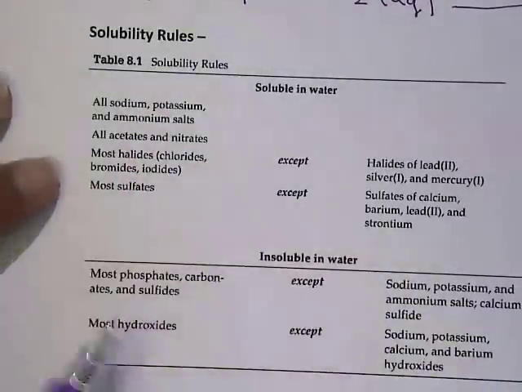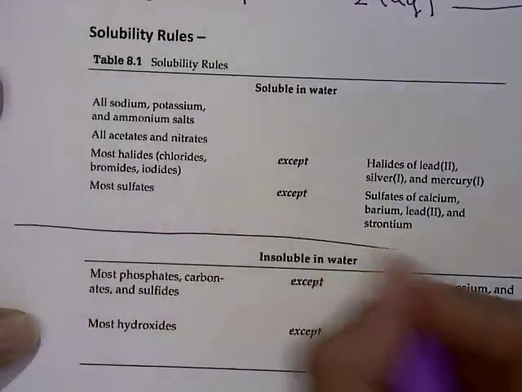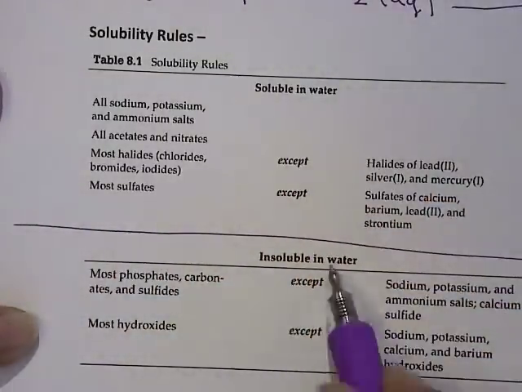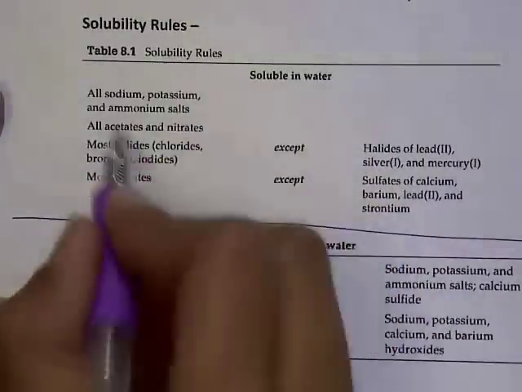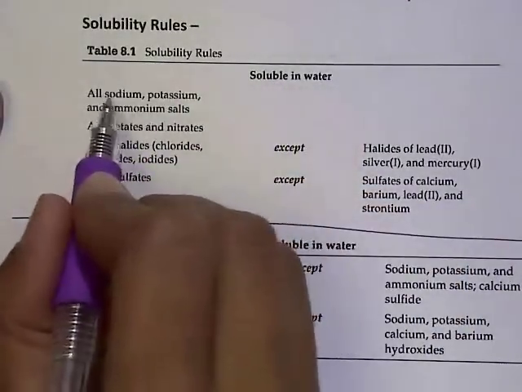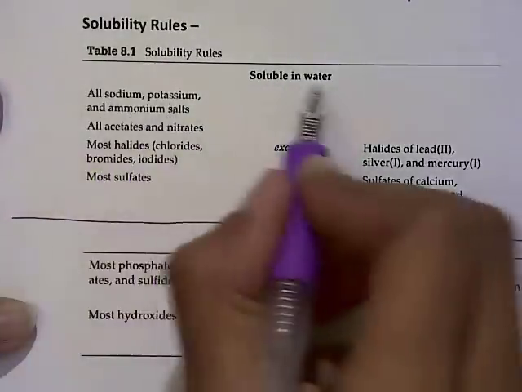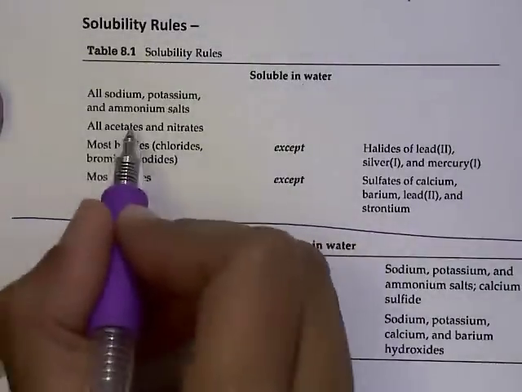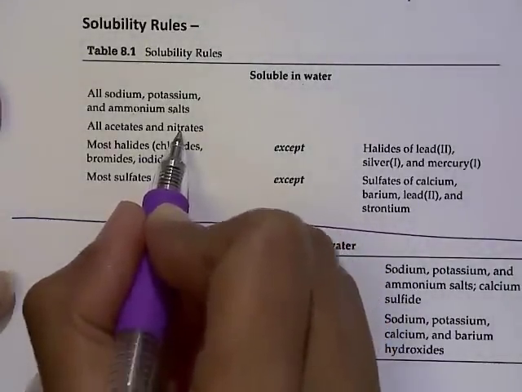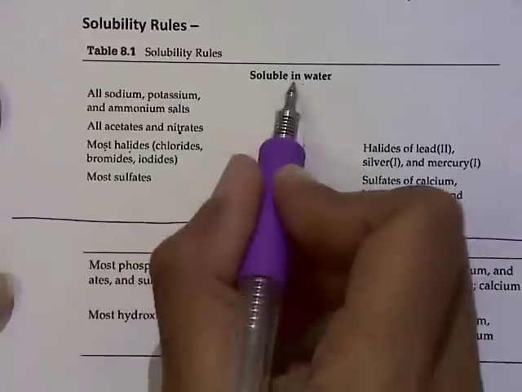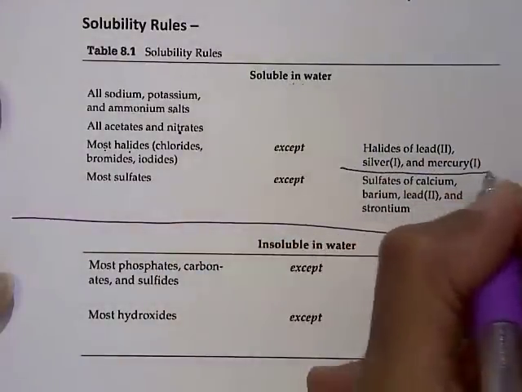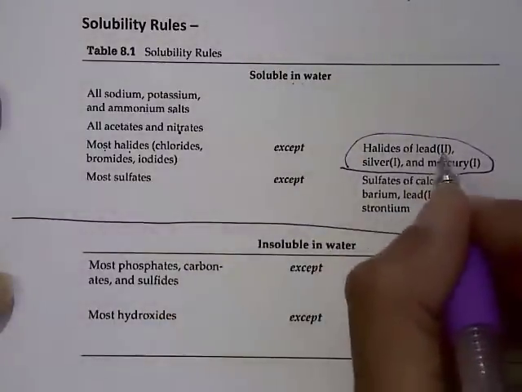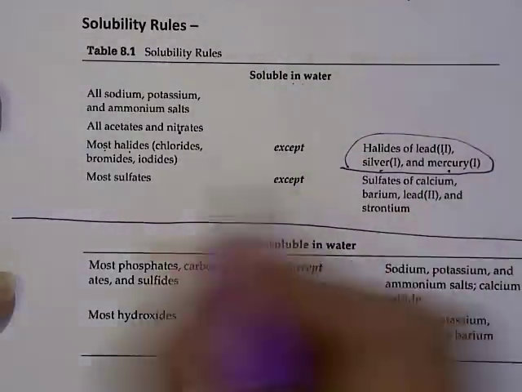So your solubility rules are split into two tables, soluble in water and insoluble in water. Here we're saying that all sodium, potassium, and ammonium salts are soluble in water. All acetates and nitrates are soluble in water. Most halides are soluble in water except halides of lead, silver, and mercury.